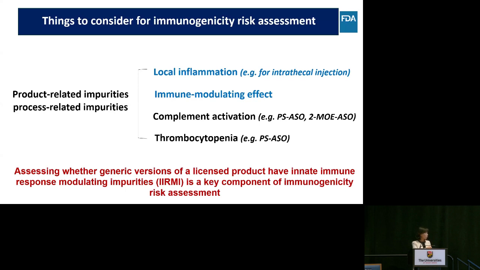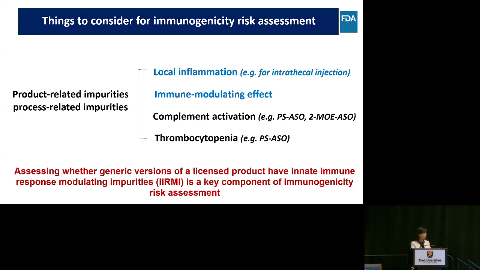So in this type of drug, we do not think product-related impurities increase the immunogenicity risk through MHC binding or antigen-specific B or T cell activation. Instead, we are thinking both product and process-related impurities can induce local inflammation or have immune modulating effects.